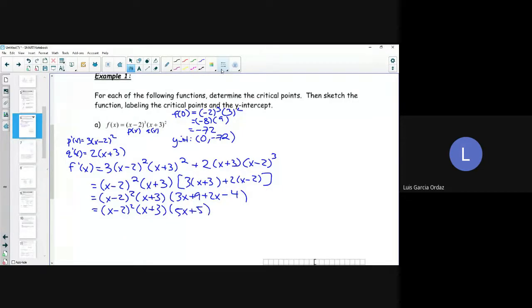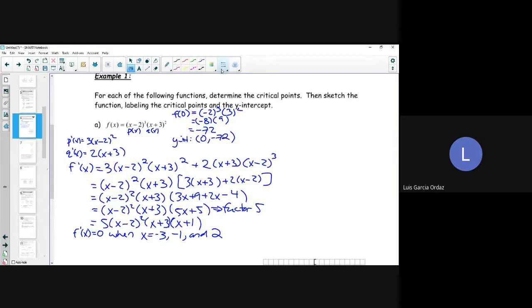I can factor out a 5 and move it to the front of my equation, which means that f prime of x is 0 when x is equal to -3, -1, and 2.